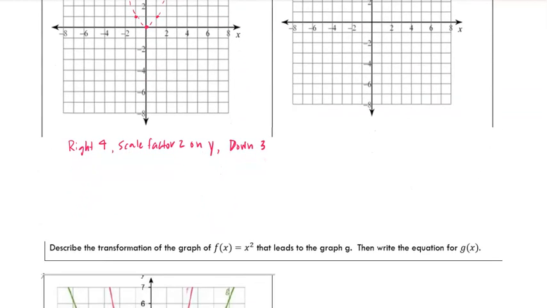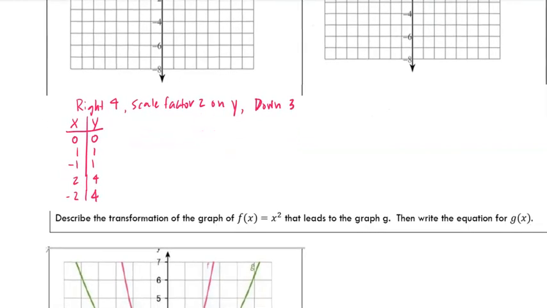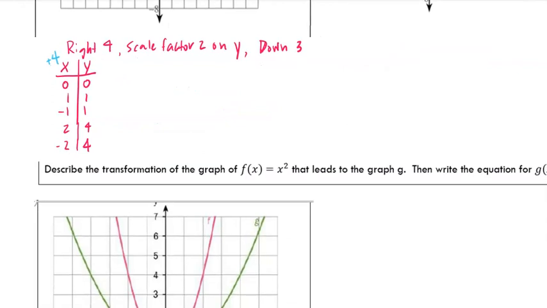So I can go ahead and write my points: 0, 0, 1, 1, negative 1, 1. And then we have 2, 4, negative 2, 4. First thing I'm going to do is go right 4, so add 4 to the x.